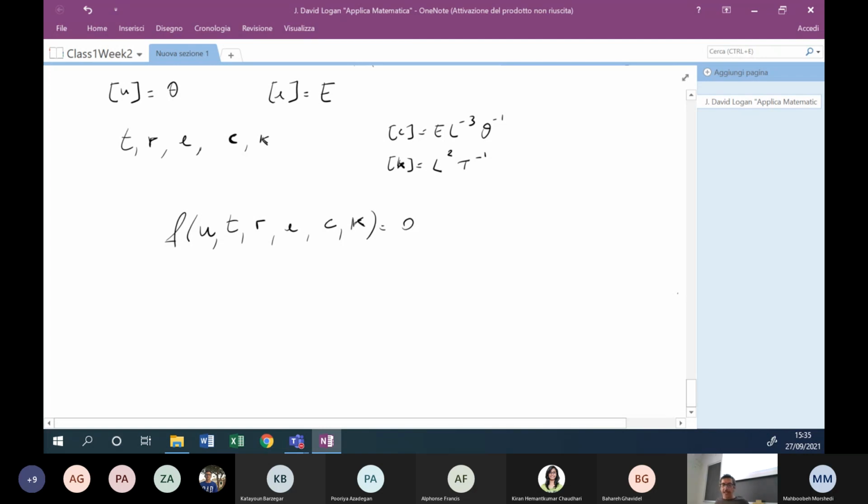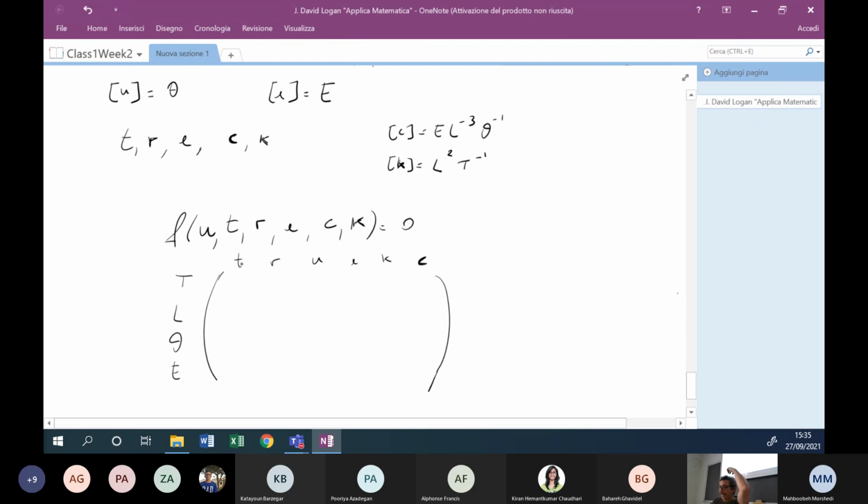Now let me write down the dimension matrix. So the matrix, again, the matrix of the powers of the single dimensions for every single variable. The matrix A that I was writing at the beginning of the proof of the Pi theorem. Just for not confusing things, let me also put here some indices to remember the quantities that are involved.